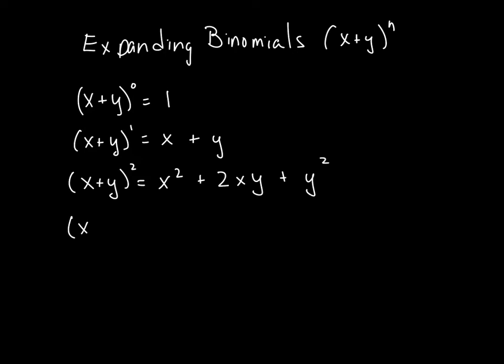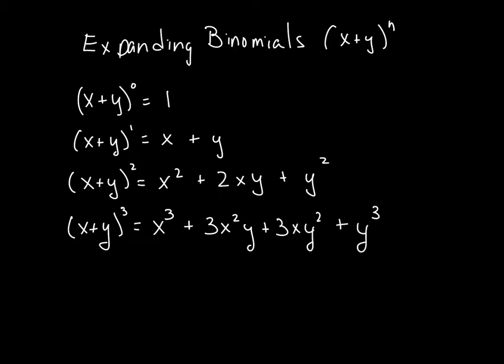And if I do another one, x plus y to the third power, that is equal to x to the third plus 3x squared y plus 3xy squared plus y to the third power. Now, let's take a look at the coefficients.